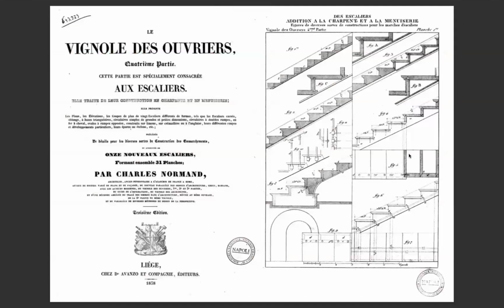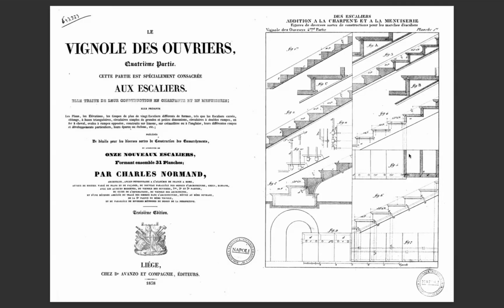Equally usable, and mostly the equivalent of Nicholson but in France, is this big work by Charles Normand. Charles Normand wrote a massive amount of books on architecture, parallels, elevations, sections. He was just a spreader of information.